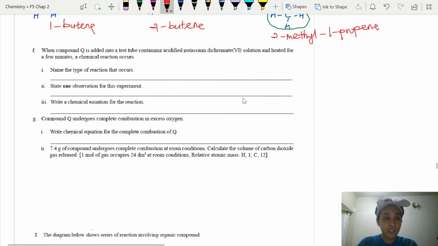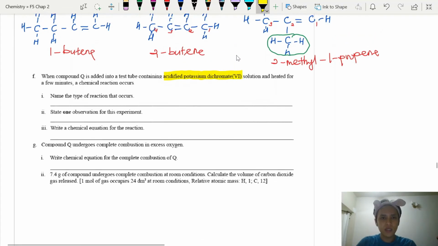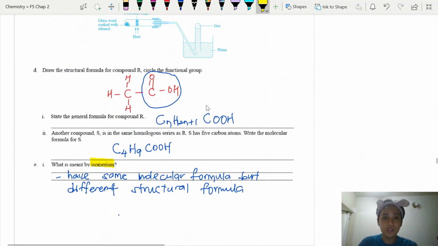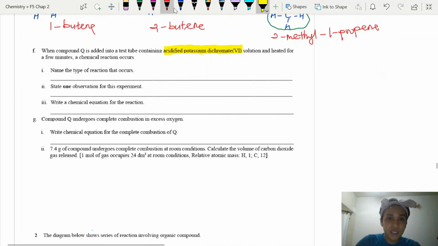Next, compound Q. This is the alcohol, right? You need to remember that when they add an oxidizing agent, you need to remember the reactions for all homologous series. Q is alcohol. If alcohol reacts with an oxidizing agent, this is an oxidation reaction. Remember, this is an oxidizing agent.